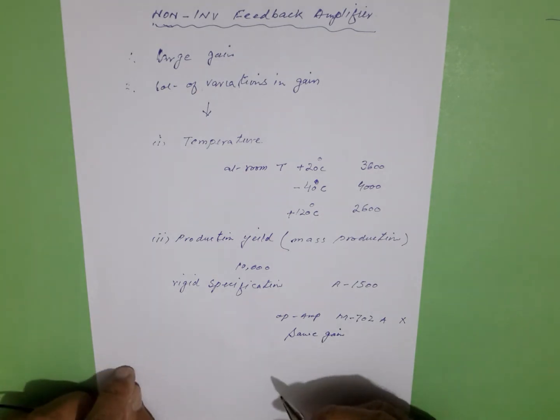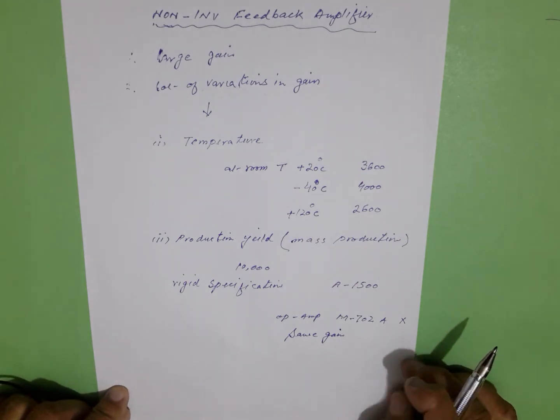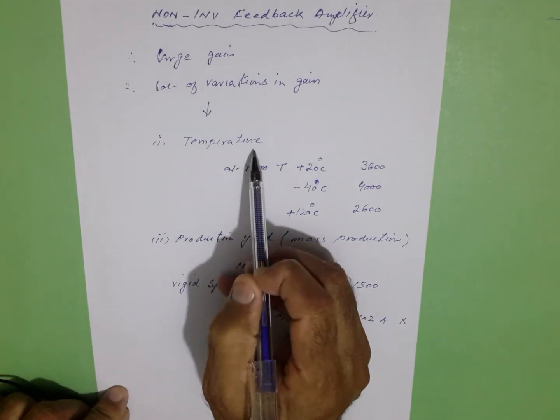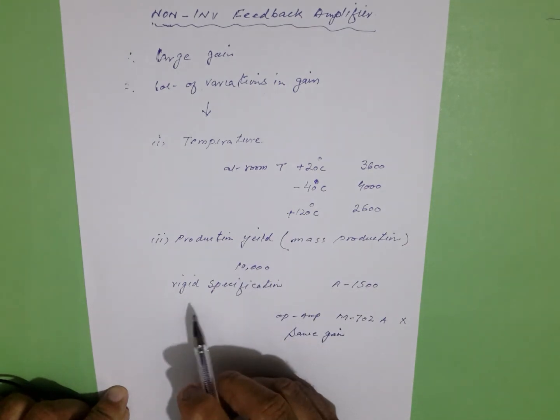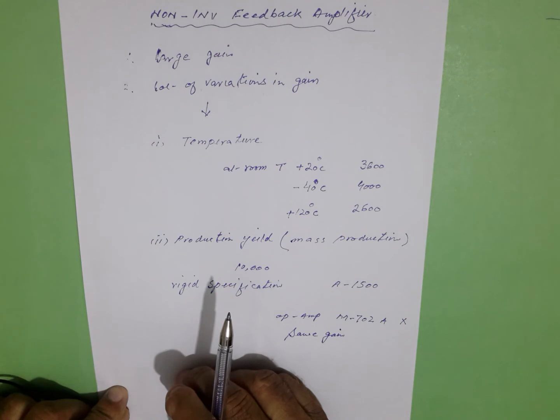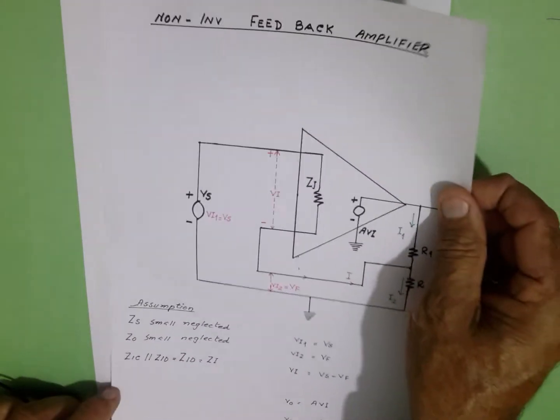Now, if these two problems can be overcome, we can use the operational amplifier satisfactorily. Temperature must be stabilized. The gain variations should be minimized. That can be done by using a negative feedback that will stabilize the gain.